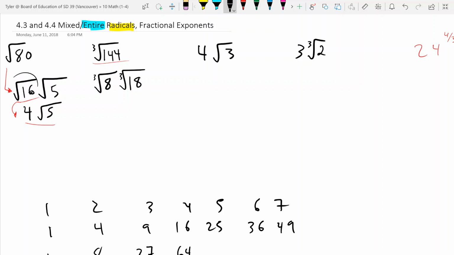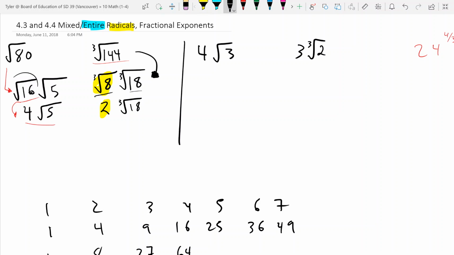So the cube root of 8 is 2, and then the cube root of 18 can't really be simplified because none of these factors fit. So again, we rewrote it as a multiplication of two numbers, 8 and 18, and then we simplified the cube root of 8 to turn into 2.